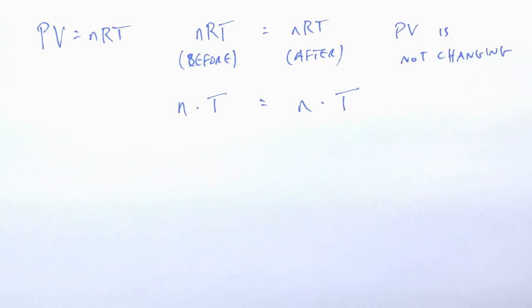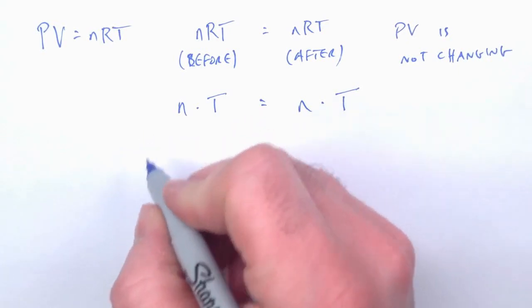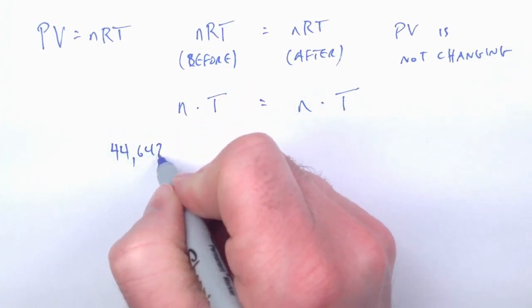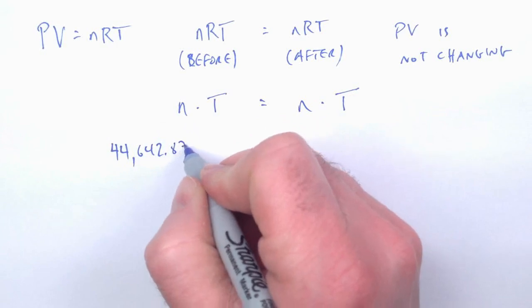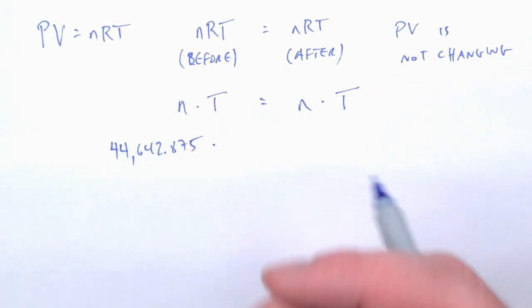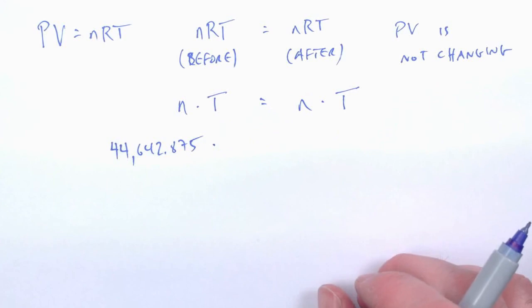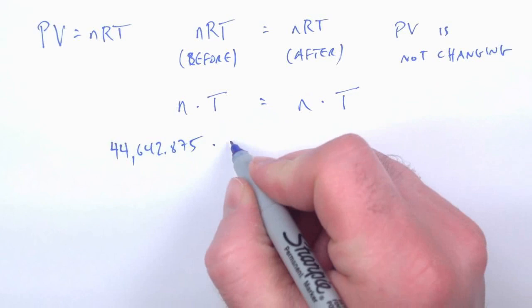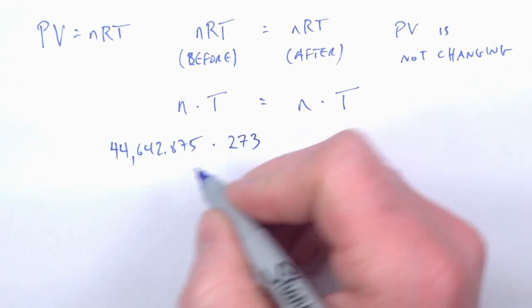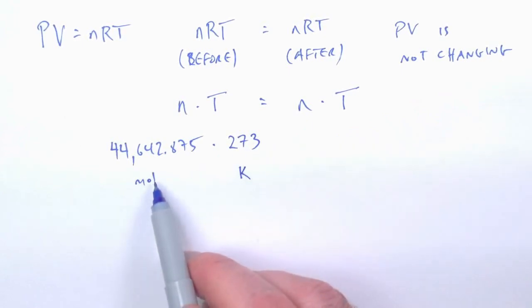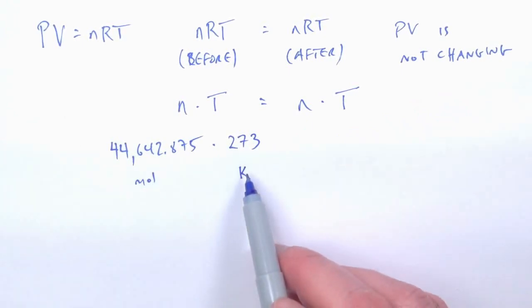So the large number of moles we had before, 44,642.875. That's the number of moles in the balloon before it got heated up, times the temperature of the balloon before it got heated up. Remember, it was at STP, which is 0 degrees Celsius, but we have to use kelvins. So that's going to be 273 kelvins. So there's your units. That's how much air we could fit in the balloon. That's how warm the balloon was.